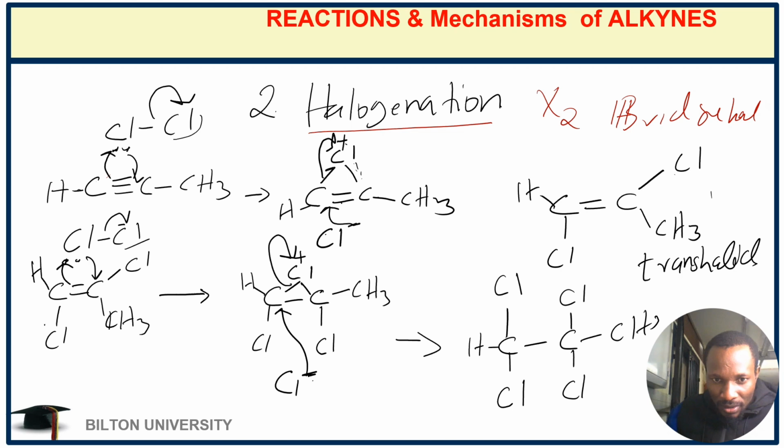So this is what we call a tetrahalide. So this is how halogenation of alkynes takes place.